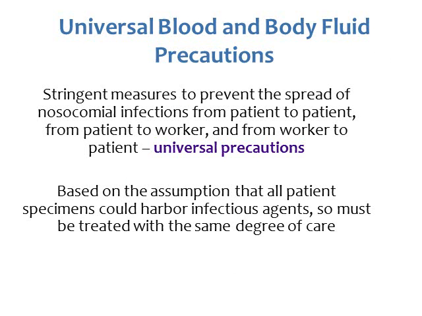In order to cut down on these healthcare-acquired infections, we have really stringent measures to prevent the spread of these nosocomial or healthcare-acquired infections. They can go from one patient to another, from a patient to a healthcare worker, or from a healthcare worker to a patient. These really stringent measures are called universal precautions.